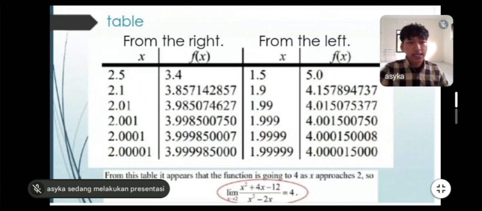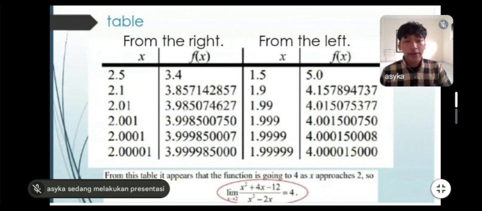We can see in the table from the right, x is 2.5, 2.1, 2.01, and so on, and f(x) is 3.4.